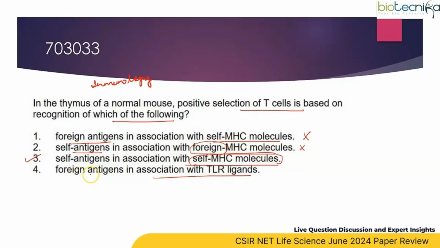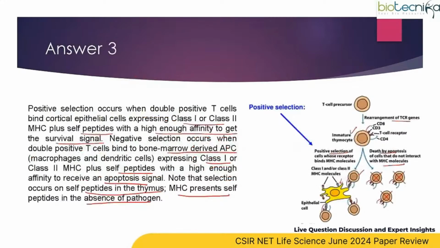Fourth, foreign antigen associated with TLR ligands. No, it is not in association with TLR ligands. It is a self-antigen associated with self-MHC molecules. So the fourth is again incorrect. This is again simple, not very complicated.